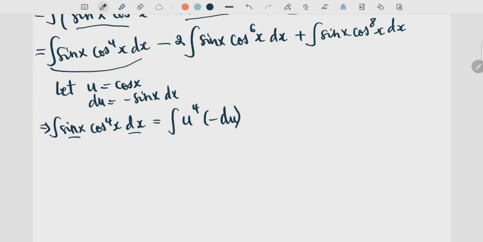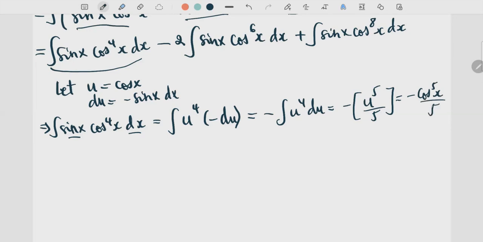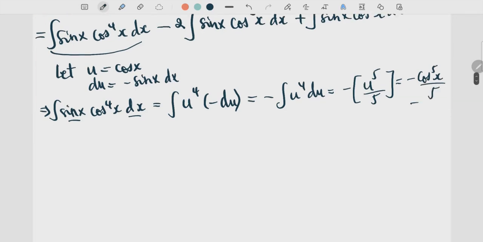This is equal to negative the integral of u to the 4 du, which is negative 1 multiplied by u to the 5 over 5, which is just minus cos to the 5x over 5. So that's for the first integral.